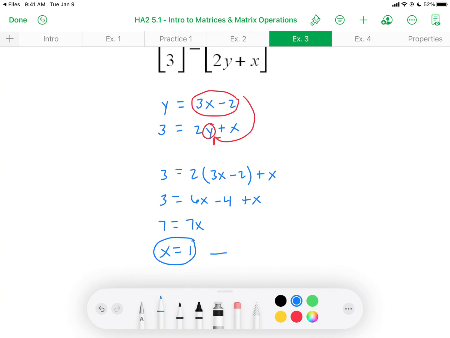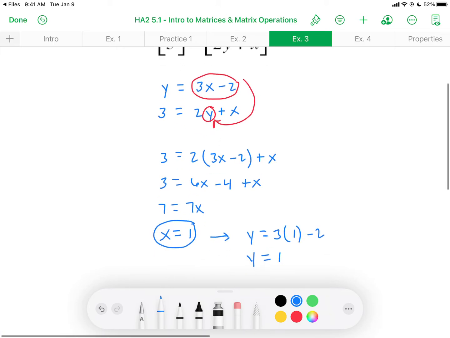And then plug that in for x in the top equation there. y is going to equal 1 as well. Any questions on that example?